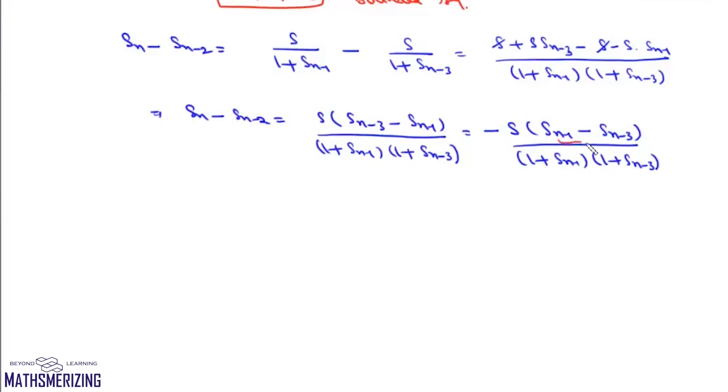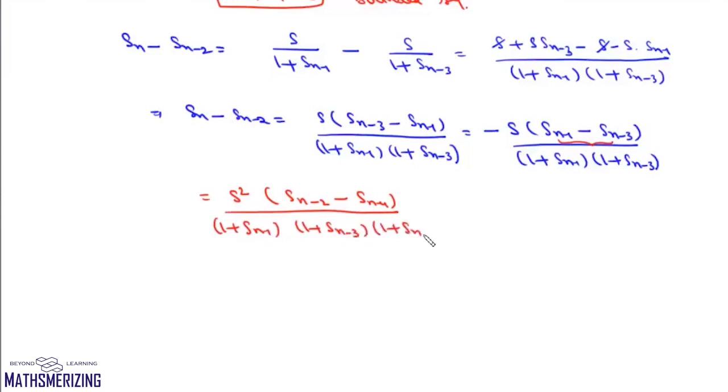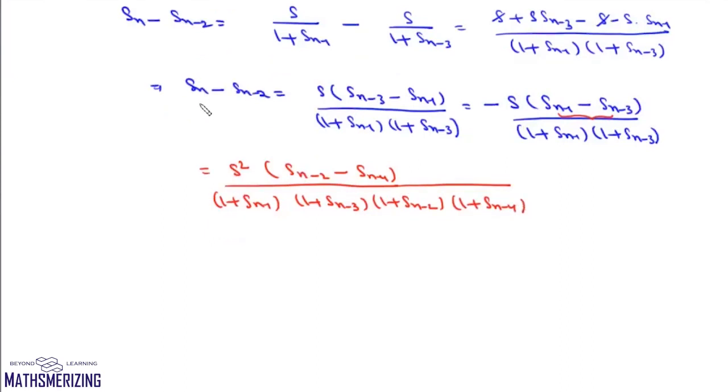Now if we simplify S_{n-1} minus S_{n-3}, we'll get s square into S_{n-2} minus S_{n-4} upon 1 plus S_{n-1}, 1 plus S_{n-3}, 1 plus S_{n-2} into 1 plus S_{n-4}.